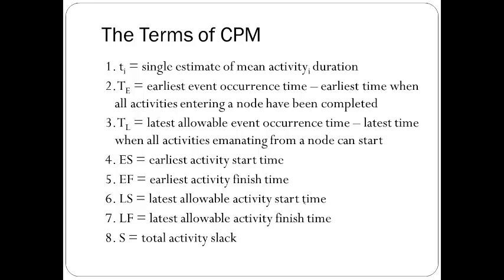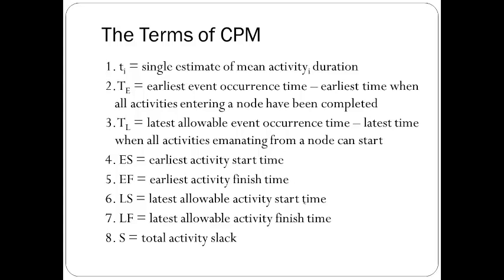So for every circle, we're going to have a T_E, the earliest event occurrence time. For example, here, the earliest time that both C and E complete will be the event time for node 5. And also we'll have a T_L, the latest event time, representing the latest time that C and E can both finish.